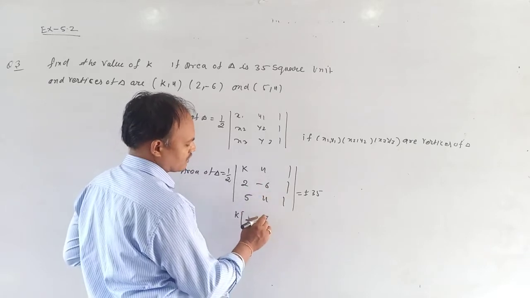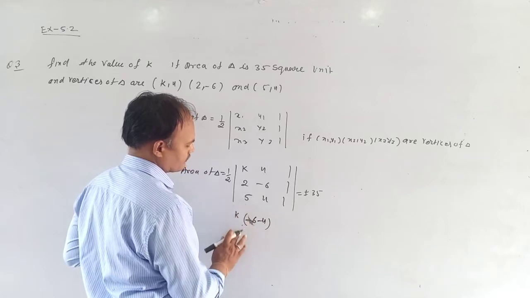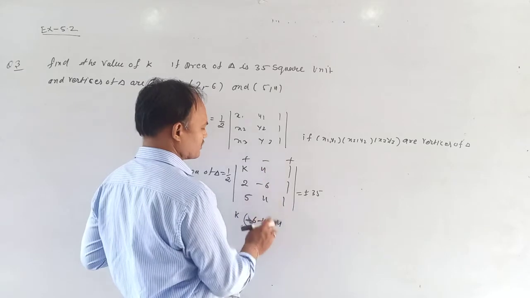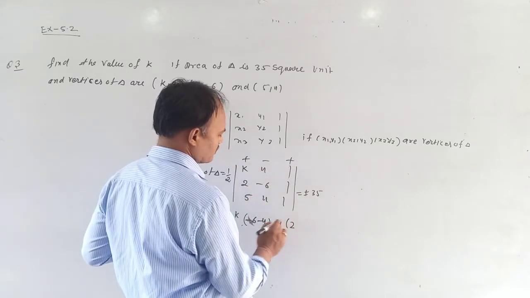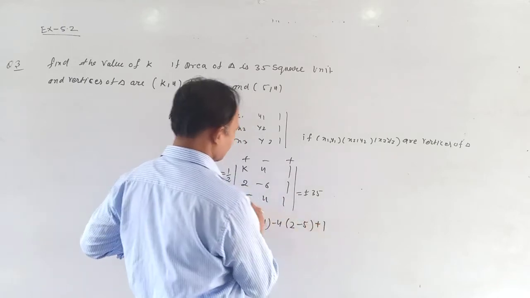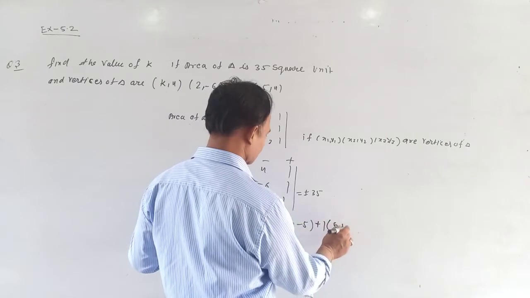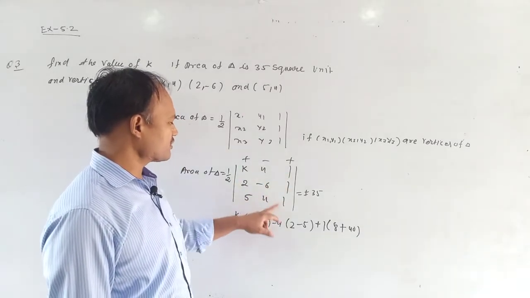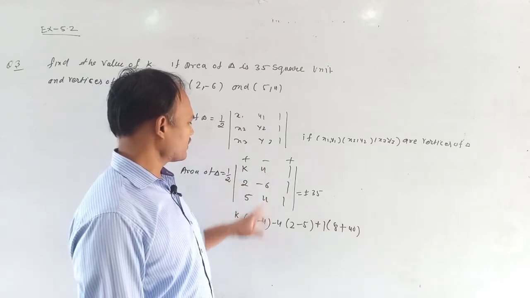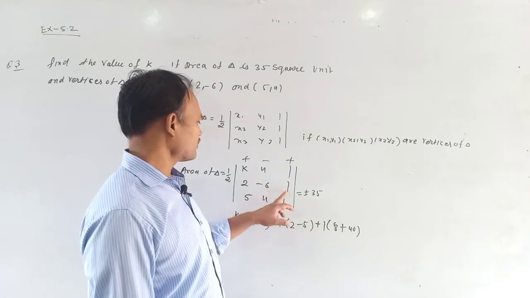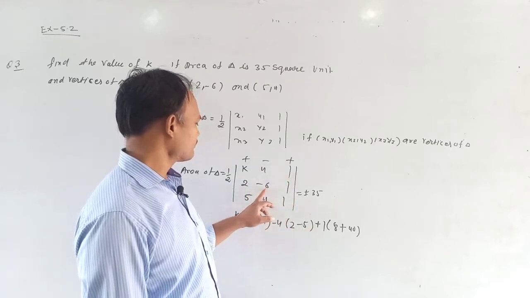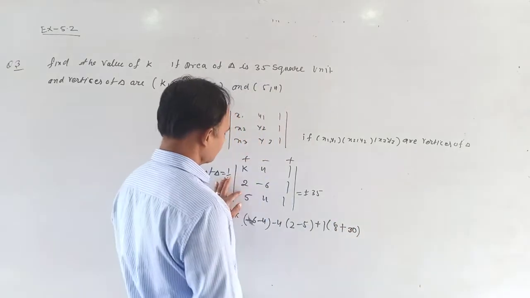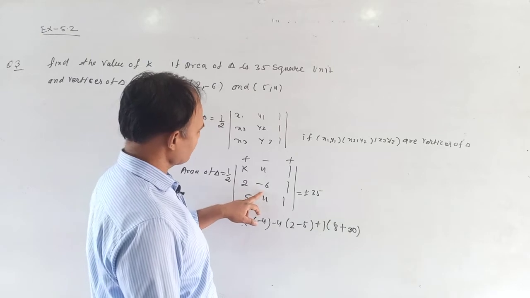When we have to use minus 4, this row and this column are removed, so it is 2 minus 5. Opening plus minus plus, so it is minus 4 times (2 minus 5), and with 1, it is 8 minus 30, which means minus 38.